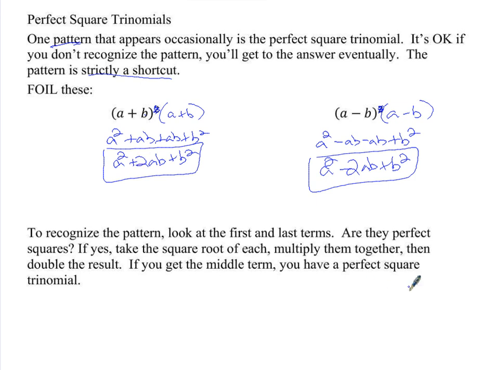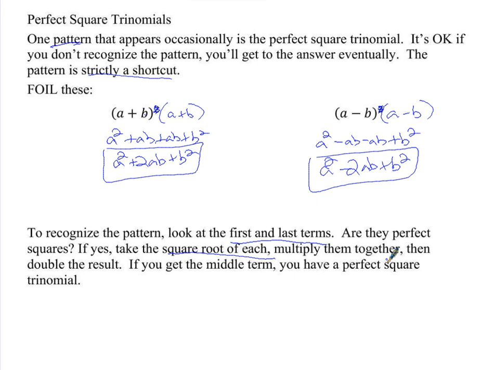To recognize the pattern, first, look at the first and last terms. Are they perfect squares? If they are, you could be looking at a perfect square trinomial. To figure out if you are, take the square root of each, a and b. What's the square root of a squared? What's the square root of b squared? b. Then multiply those two together.